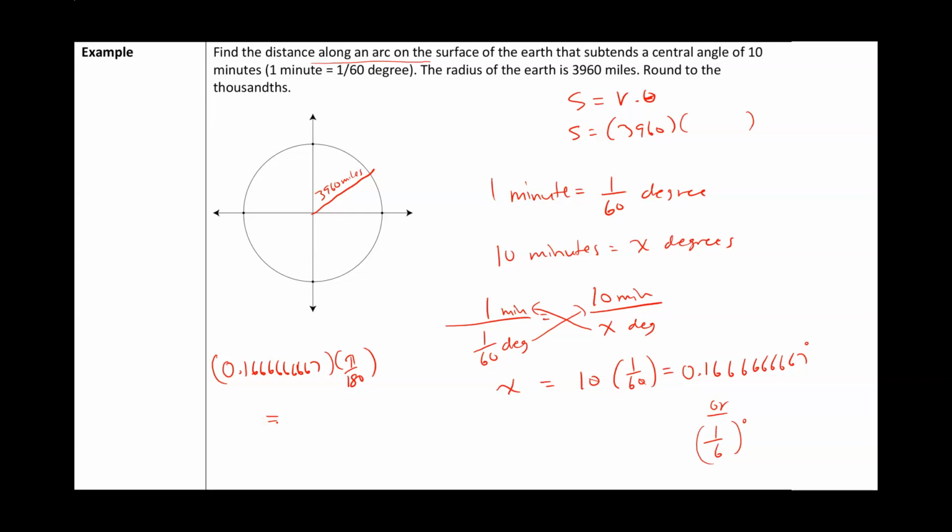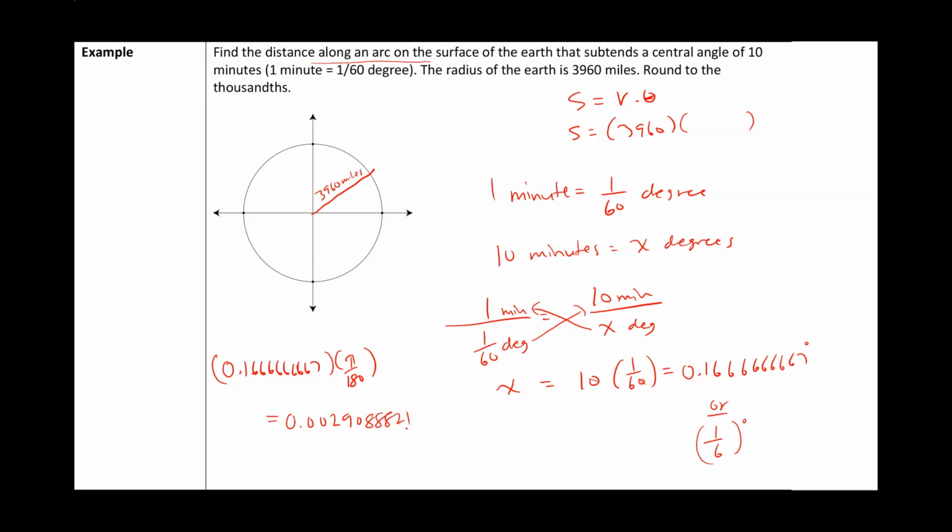And in radians, give me a quick sec, multiply that by pi, divide that by 180, and in radian form, and you want to keep as many decimals as you can, that's going to be 0.0029088821.